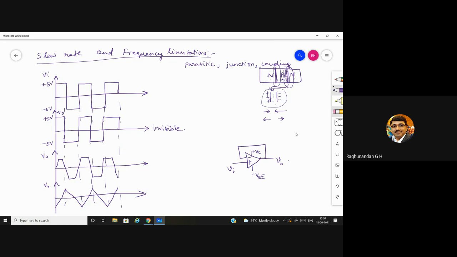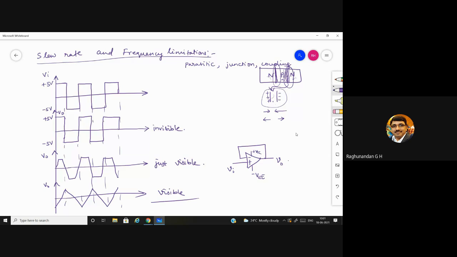But you can see here the slew rate problem is just visible. You can just observe the slew rate problem, that is, the shape of the signal is changed when you compare with this input. The shape of the signal itself is changed, and here it is easily visible. It's completely visible because we have given a square wave and we are getting a triangular wave.